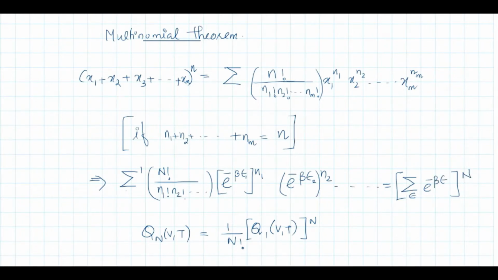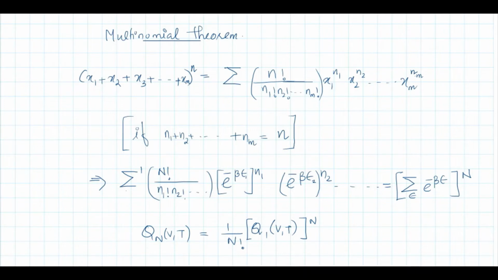In this case, the sigma e raised to minus beta epsilon is nothing but the single particle partition function, because here the summation runs over all the single particle energy states. E raised to minus beta epsilon is the Boltzmann factor. So this is nothing but the single particle partition function. So I can write it as Q1 of Vt. So Qn of Vt is Q1 of Vt whole raised to n by n factorial.